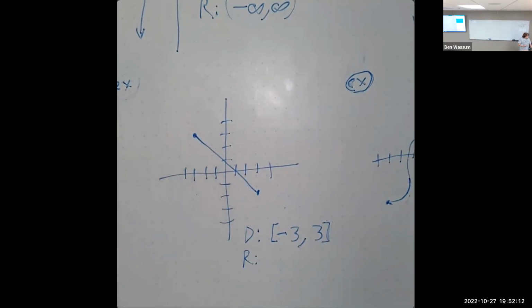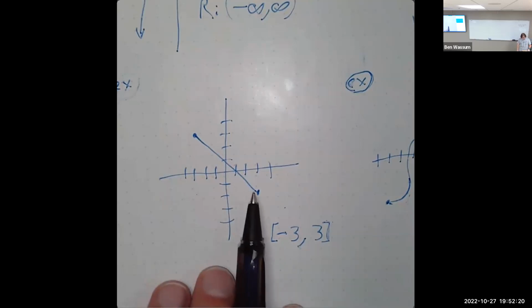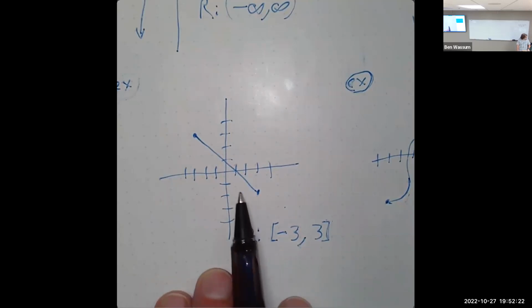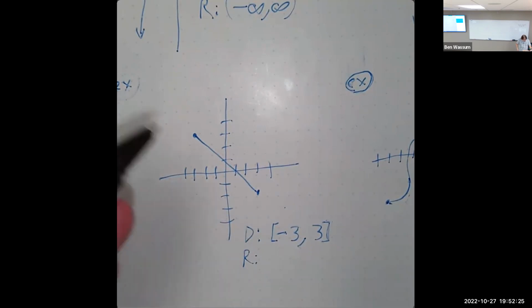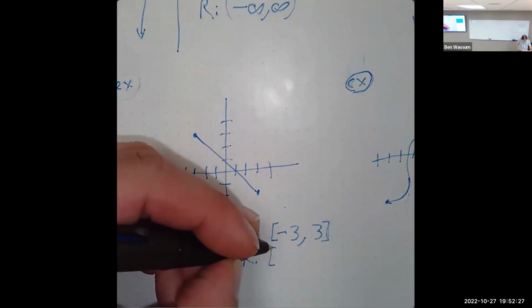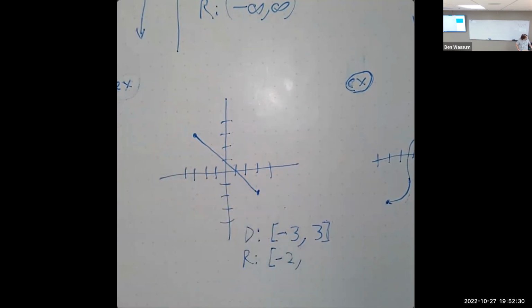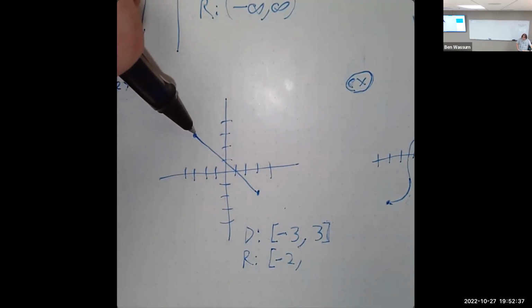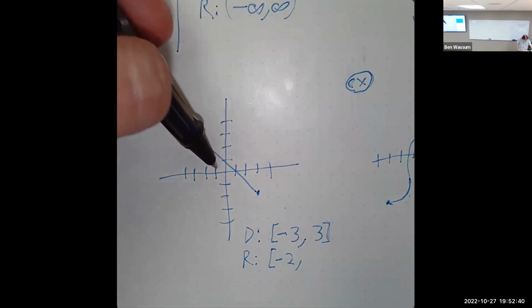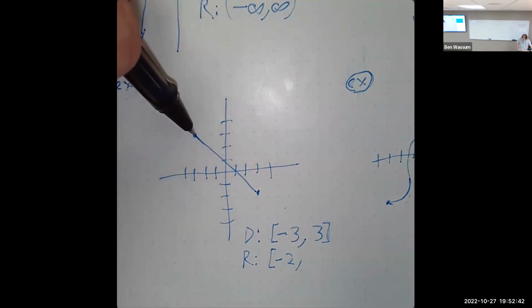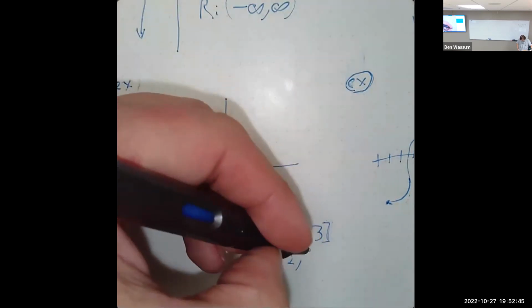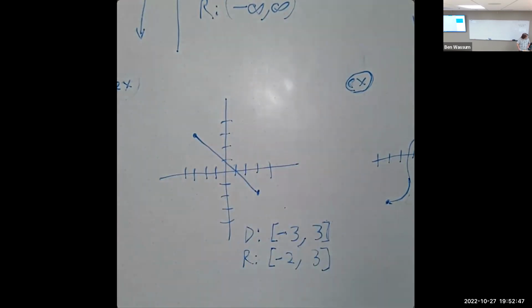You look at the lowest point overall on your graph, not left to right, not over in this section, overall lowest point right there, right? And which Y value is that? -2? Cool. And we're including that point, so we have a bracket. So we go -2 to what? The highest point. This is the highest point, even though it's on the left, I don't care, it's the highest point. 1, 2, 3, cool. Highest point's at 3, Y value is 3. Yay, we're happy.